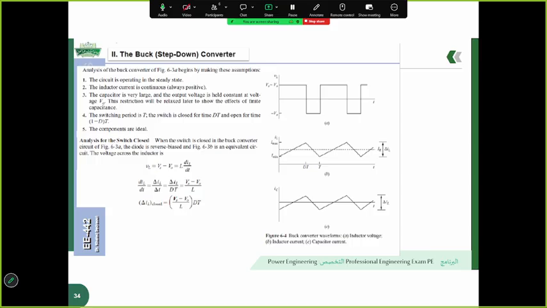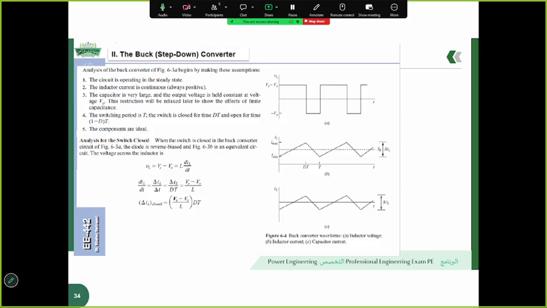No losses in the switch, diode, inductor, or capacitor. When the switch is on, the diode is reverse biased and does not conduct. The source voltage Vs is supplied across the inductor and the load, and the voltage across the inductor is VL equal to Vs minus Vo.